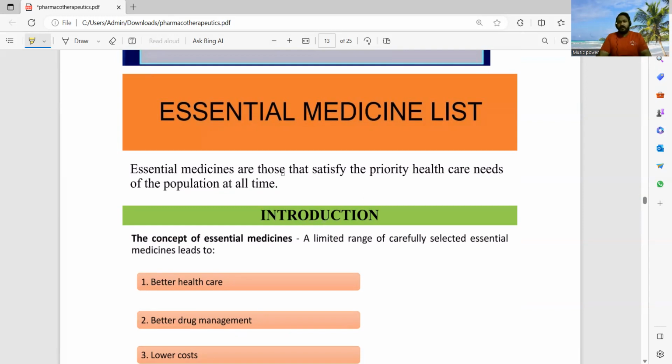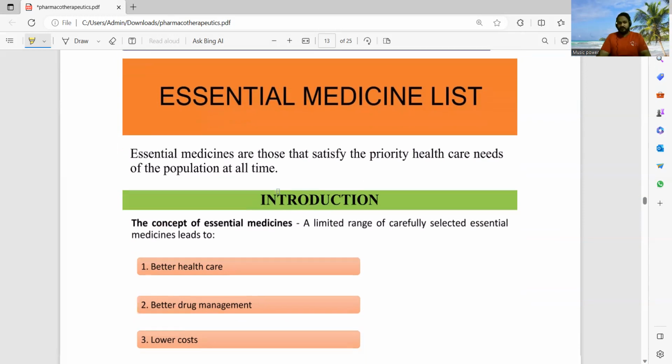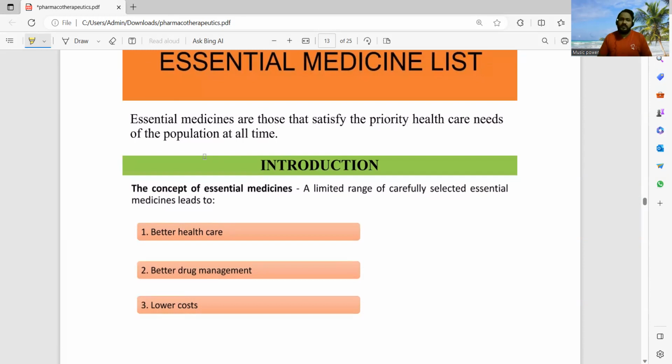topic, the essential medicine list. What is the definition of the essential medicine list? Essential medicines are those that satisfy the priority healthcare needs, the identification and proper care of the disease, to the population at all times.